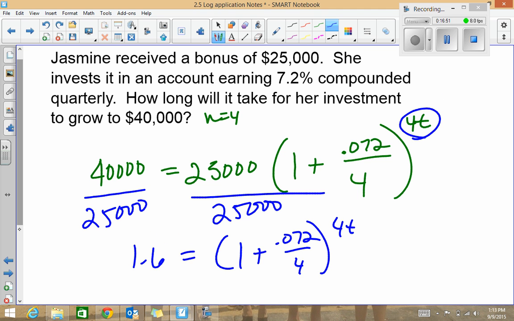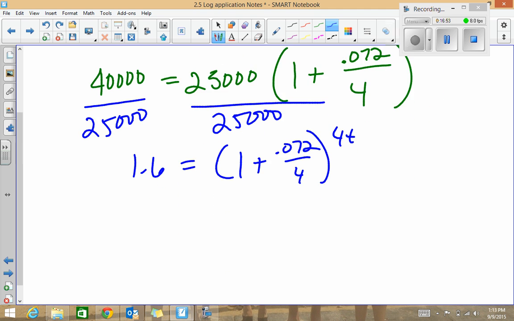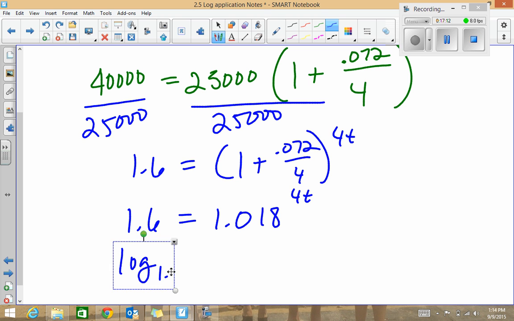Now we want to simplify our 1 plus 0.072 divided by 4. So if we put that in our calculator, we get 1.6 equals 1.018 to the 4t. So now we can rewrite it as a log. Again, we're going to say log base 1.018 of 1.6 equals 4t.